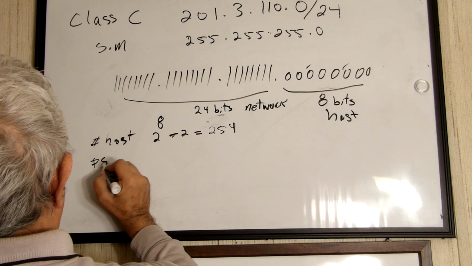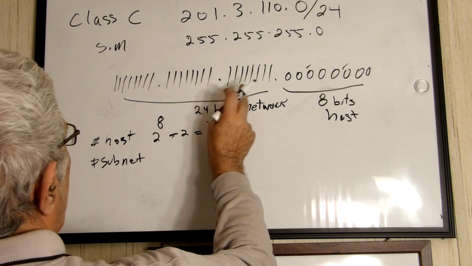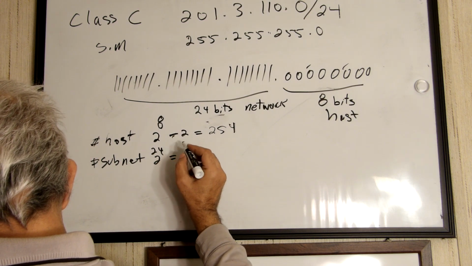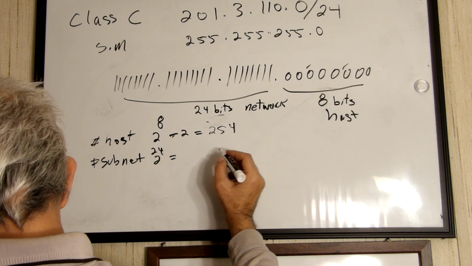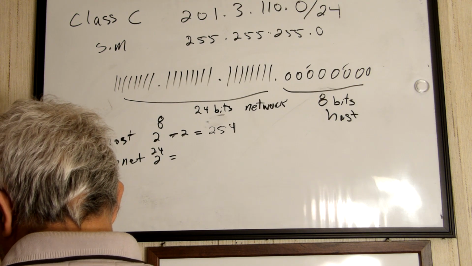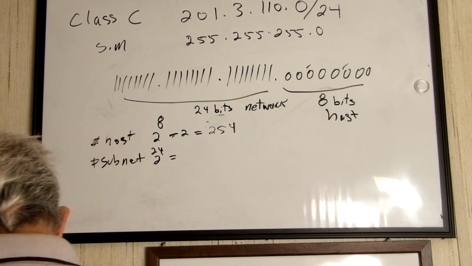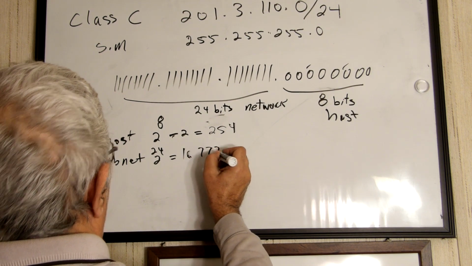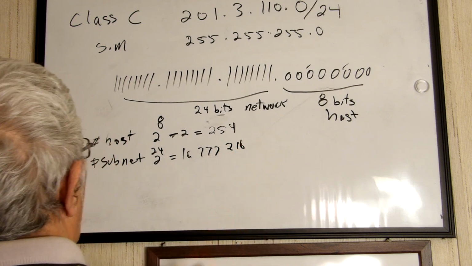But the number of subnets here, the number of network bits is 24, so 2 to the power of 24 is going to be, as we talked about earlier, 16 million.